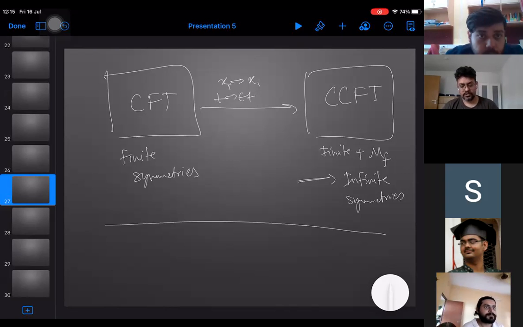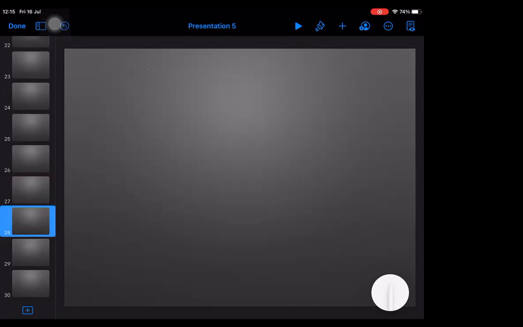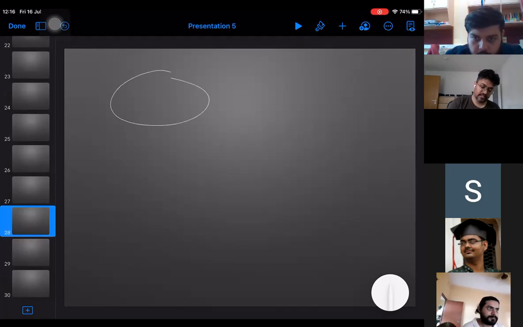So today, what we have looked at is, first, yesterday we started with what you had said, the BMS algebra. Then we moved to the GCA, and also looked at the CCA part. The first thing we found is that GCA 2 is isomorphic to CCA 2.